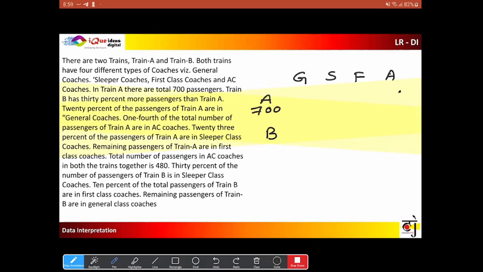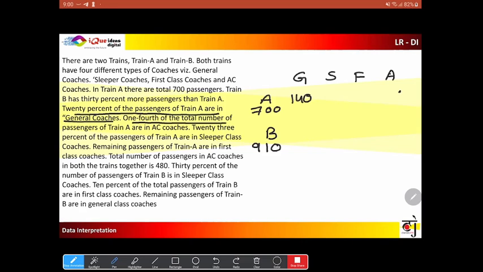So B has a total of 910 passengers. Now it says 20% of the passengers of train A are in general coach. 700 ka 20% is 140.